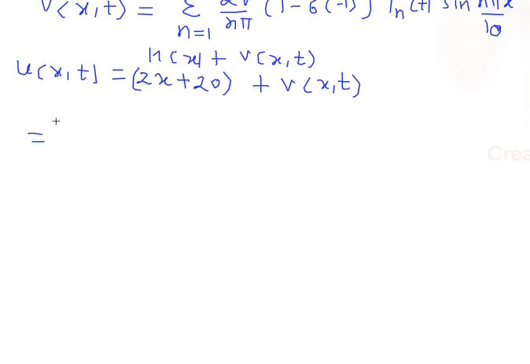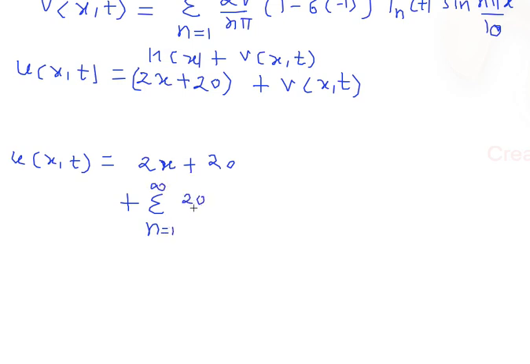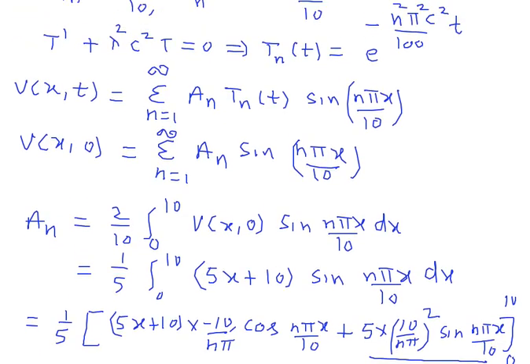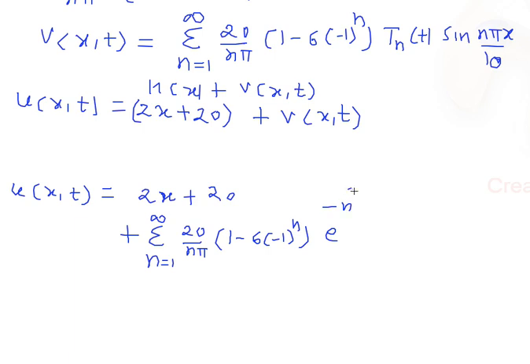So your solution will be, let me write it directly, u(x,t) equal to 2x plus 20 plus sigma n equal to 1 to infinity, 20 over n pi, you can take 20 over pi out, times (1 minus 6 times (minus 1) to the power n), times the exponential, where the value of T_n(t) is negative n squared pi squared c squared over 100 times t, and the eigenfunction, which is sin(n pi x over 10).